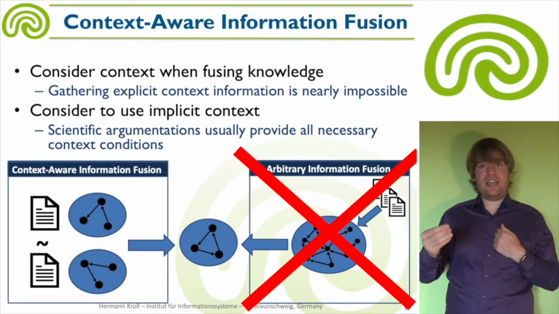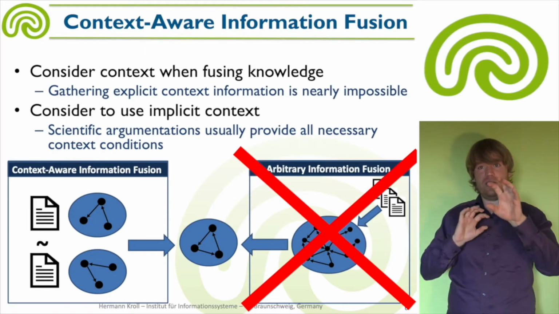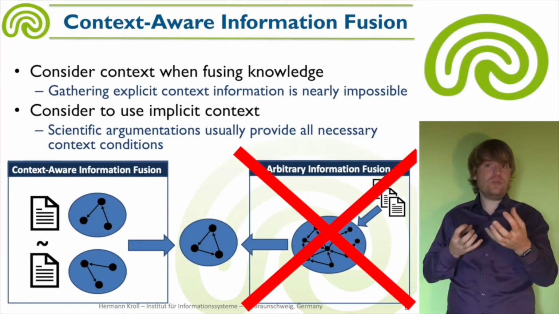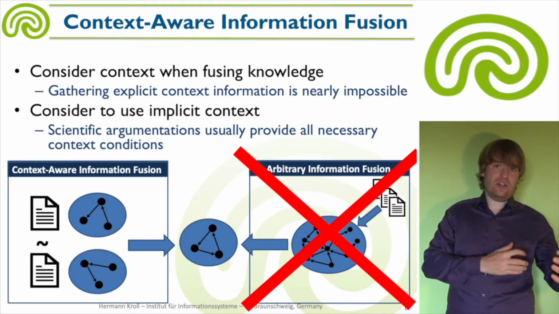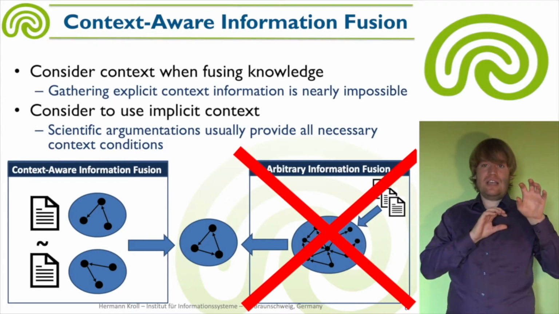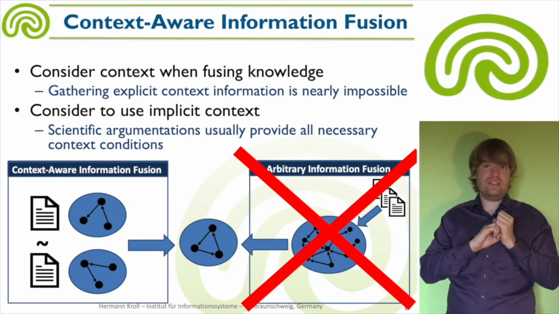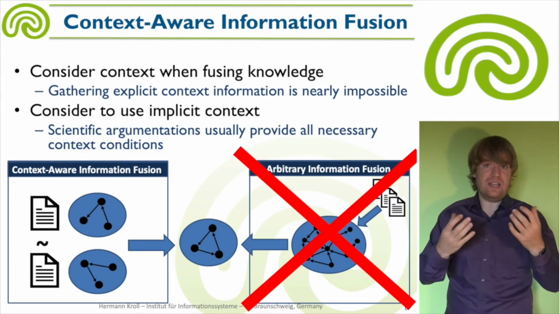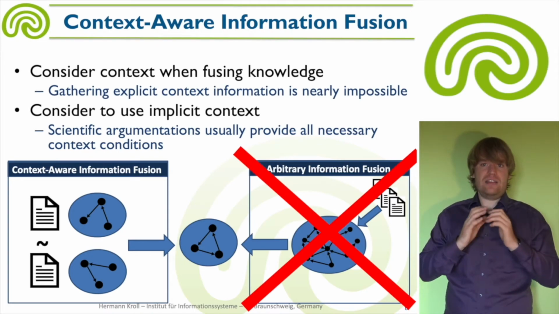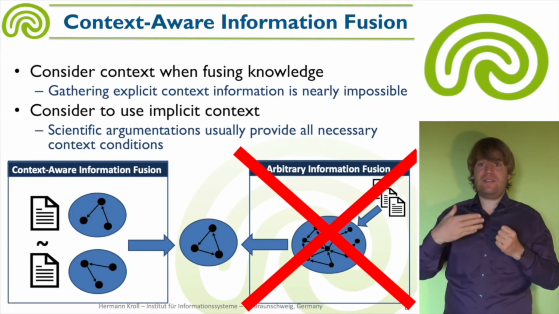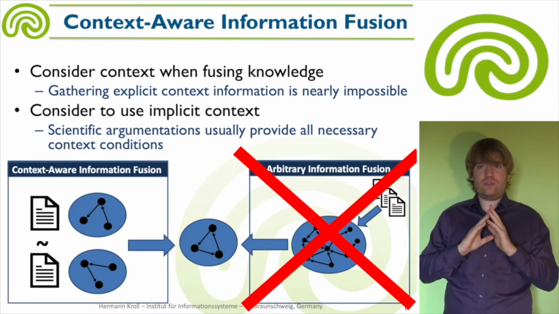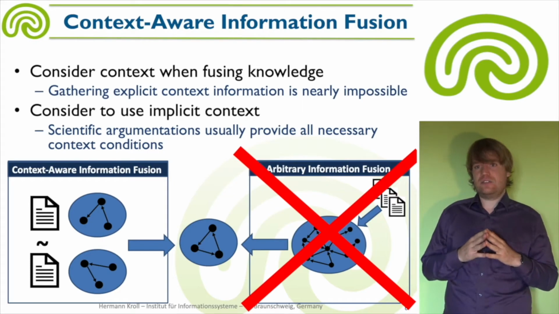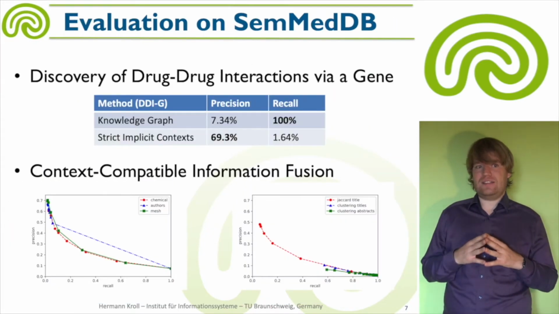Then you can decide at runtime, if you have two facts which could form a valid answer, you have to have a look in the documents and decide, okay, have both documents a compatible context or not? If they do have a compatible context, then you can fuse the information to form a valid answer. If they haven't a compatible context, then you should reject this answer to not produce invalid answers.